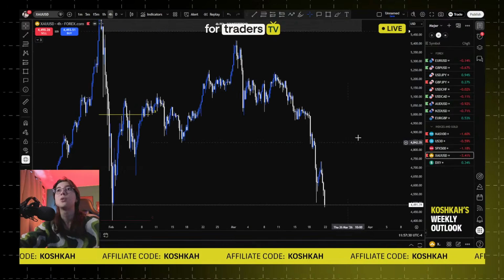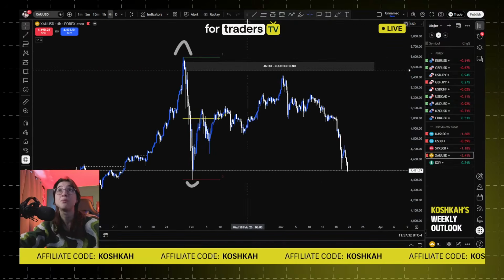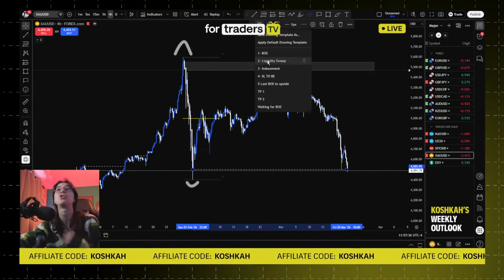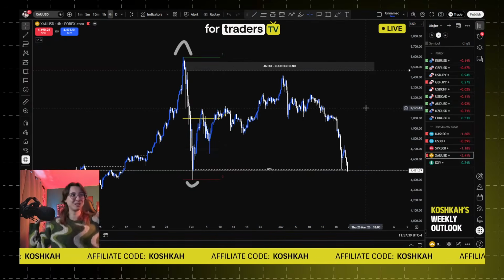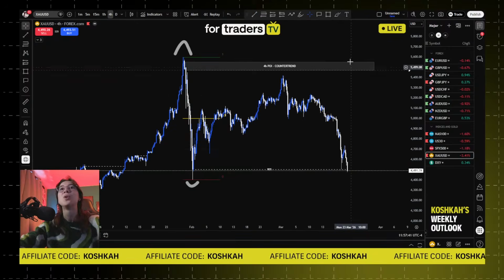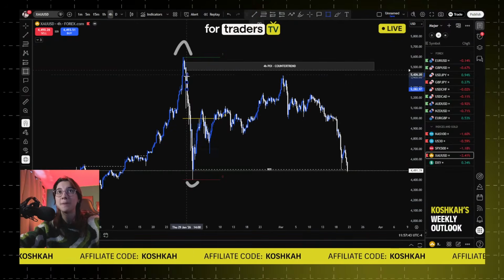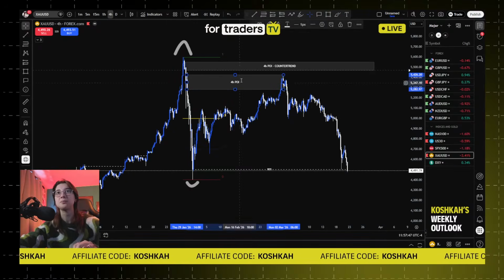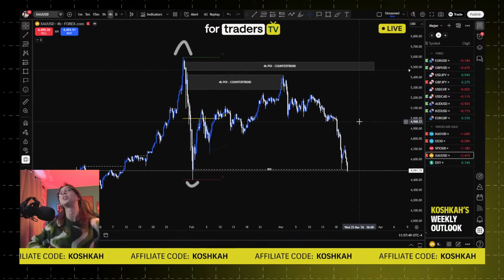Okay. And if you go on gold, we're having a pretty deep bearish range and a break of structure. Okay, guys, I just want to say something. Remember right here on gold, we had a 4-hour POI counter trend.